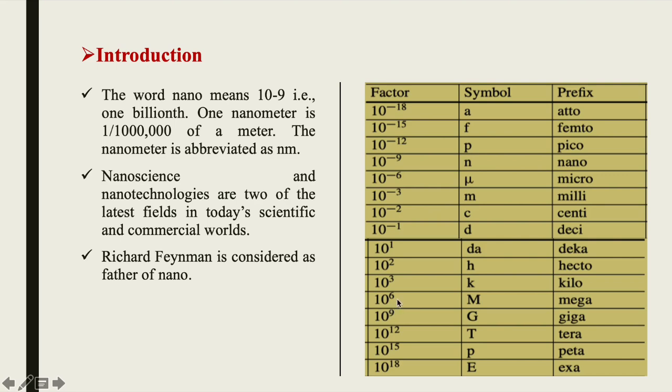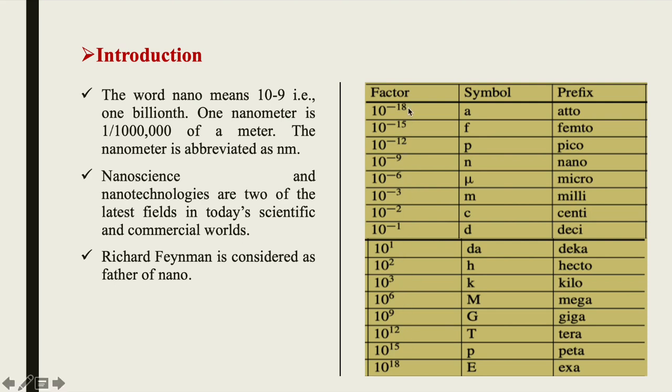If 10 to the power plus 6, we call it mega, capital M. If it's 10 to the power plus 9, we call it giga, capital G. If it's 10 to the power plus 12, we call it tera, T. If it's 10 to the power plus 15, we call it peta, P. If it's 10 to the power 18, we call it exa, E. Like that. So now you can think about the plus and minus.